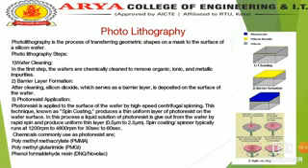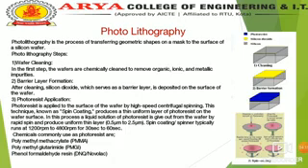Photolithography has many steps. First is wafer cleaning. In this, the wafer is chemically cleaned to remove organic ions and impurities of metals. Then the second step, barrier layer formation. In this, silicon dioxide, which serves as a barrier layer, is deposited onto the surface of the wafer.